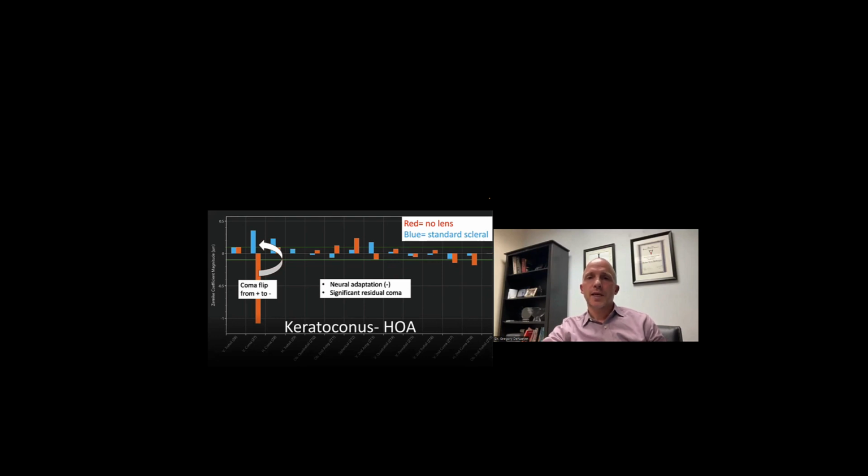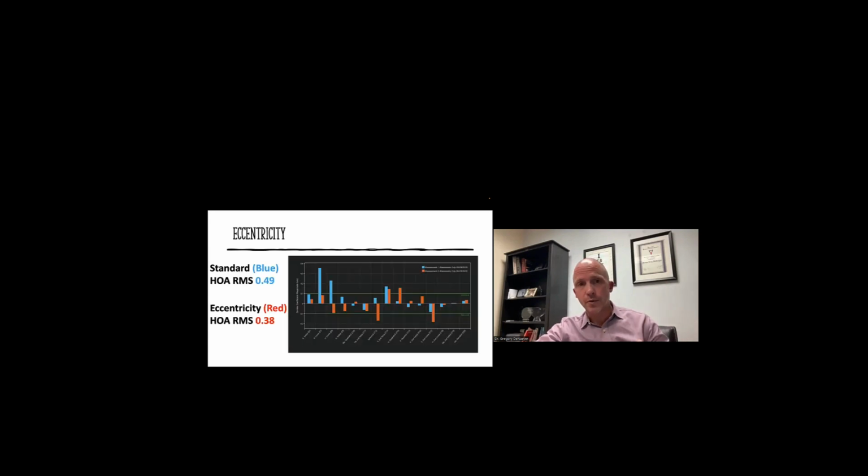The issue with that is that these patients will typically neural adapt to what they are used to, which is negative coma, and sometimes they're not able to adapt well when we switch that from negative to positive. The amount of coma she has is also clinically significant, even residually, although she's wearing that scleral contact lens. So for this patient, I decided to add some front surface eccentricity in an attempt to reduce those aberrations.